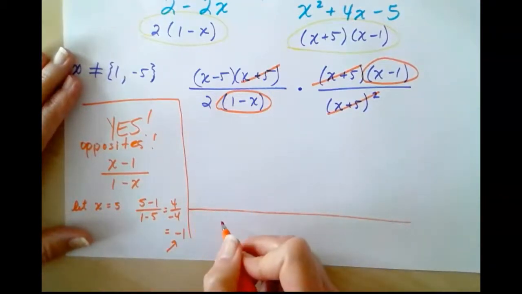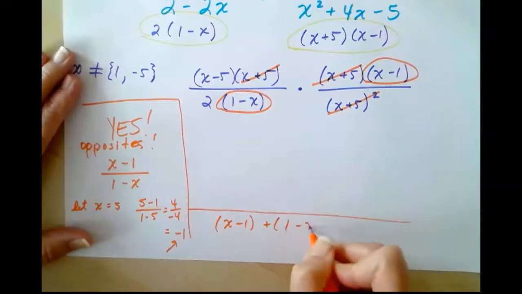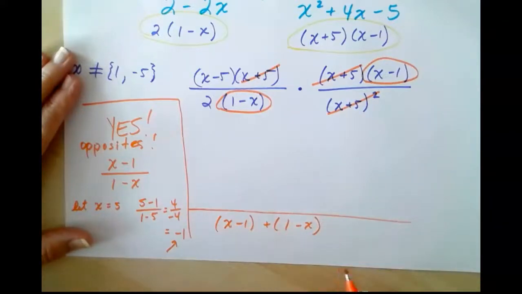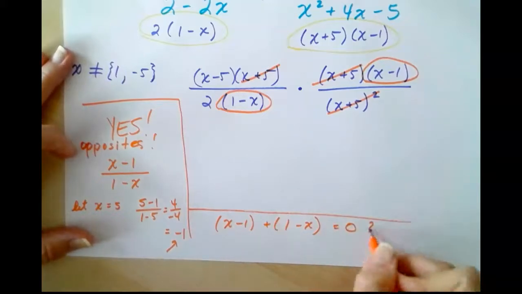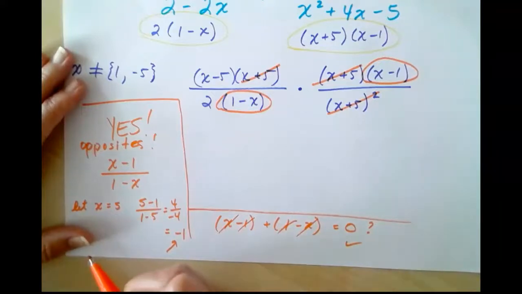You can also see that they're opposites because look at what happens if I add them together. If I add opposites, I should get 0. Do I? Yes. x plus negative x, 0. Negative 1 plus positive 1, 0. So yes, they are indeed opposites.